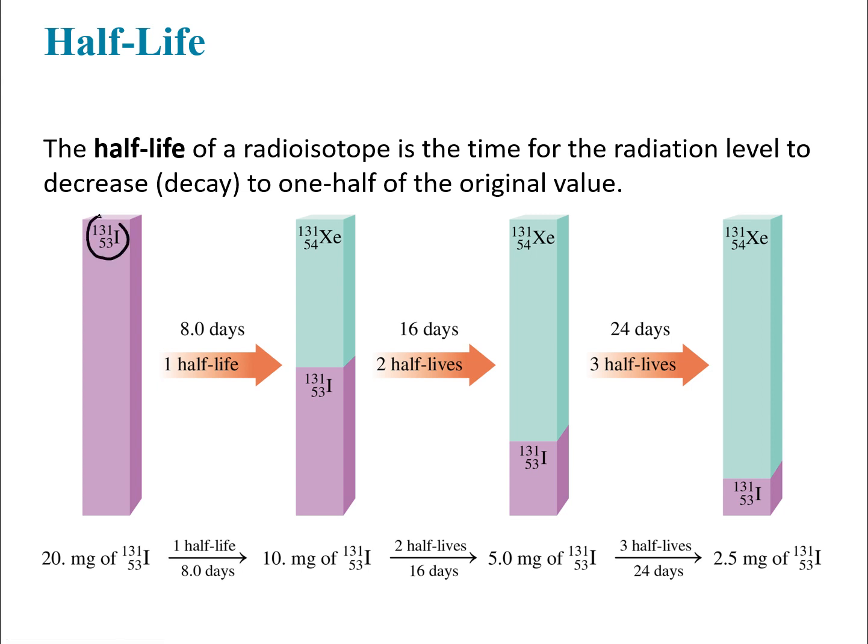Again, I mentioned the iodine 131. It's used for medicinal purposes. And it has a relatively short half-life, 8 days. So if you're starting with 20 milligrams of iodine 131, in 8 days, you will only have 10 milligrams of that radioactive iodine left.